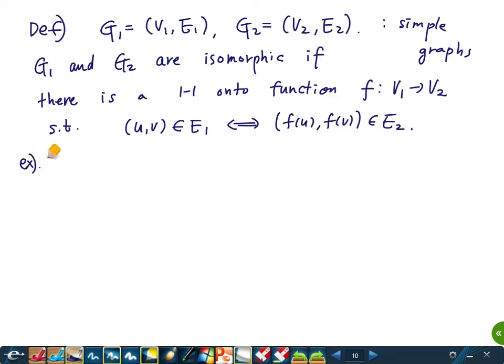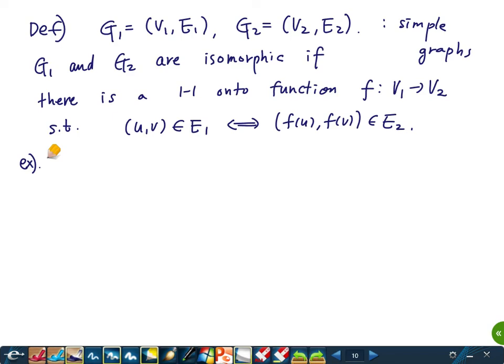If there is a bijection from one vertex set to another, and there is an edge here, then there must be an edge on this image. So if you have two vertices u and v, and you follow this map f, then you have two vertices on the other graph, and they must be connected by an edge if and only if the original u and v are connected by an edge over here.